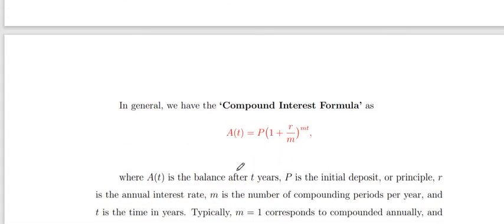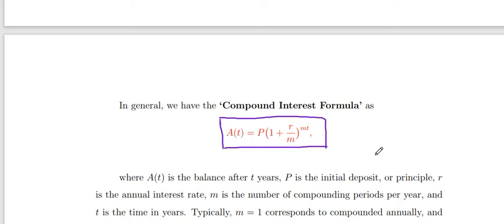So the compound interest formula is, A of t means the amount of your balance after time t. Here t still is in years. It equals the principal multiplied by 1 plus r, where r is the annual interest rate, divided by m.